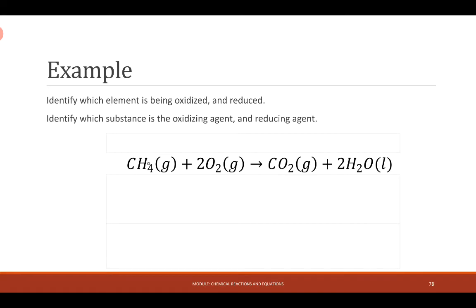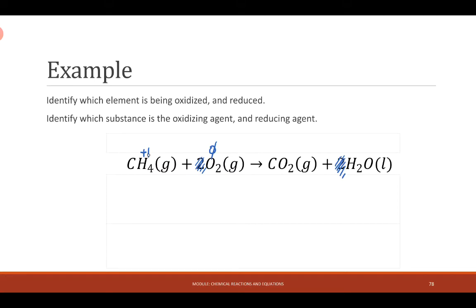To begin with, we have to assign oxidation states for every single element in any compound. Ignore the stoichiometric coefficients for now. Those will not influence your oxidation states. We just assign oxidation states like we have before. Any pure element is a 0 oxidation state. Hydrogen will get its +1.